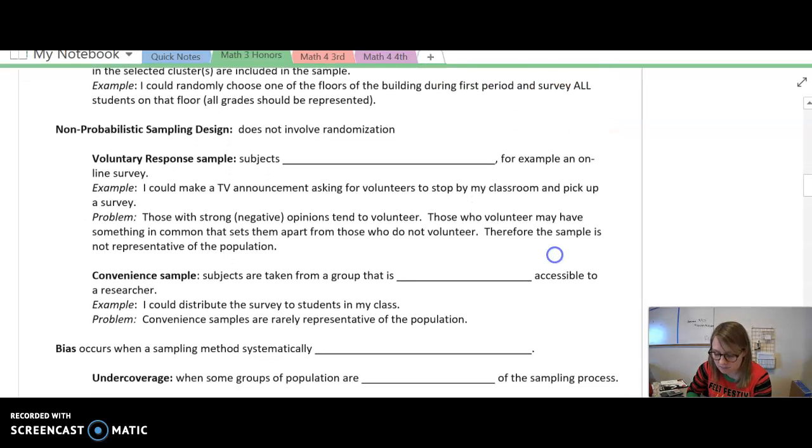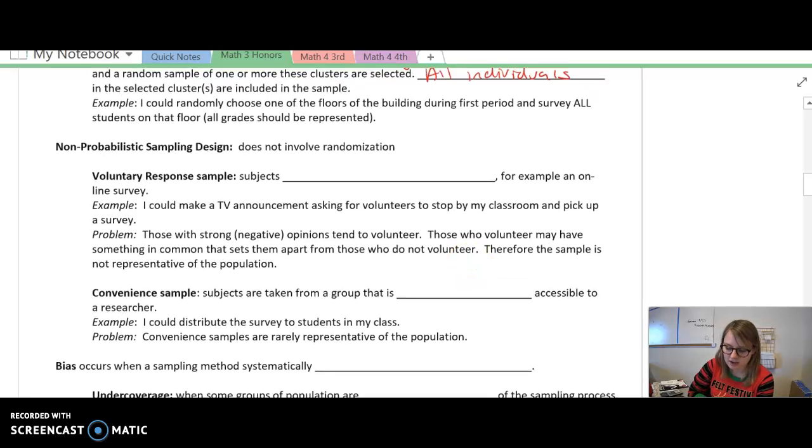So we have non-probabilistic sampling designs. We have voluntary response samples, so subjects that select themselves in an online survey. An example would be asking for volunteers to stop by my classroom and pick up a survey, or asking for a survey from a restaurant saying, how did you like my restaurant?